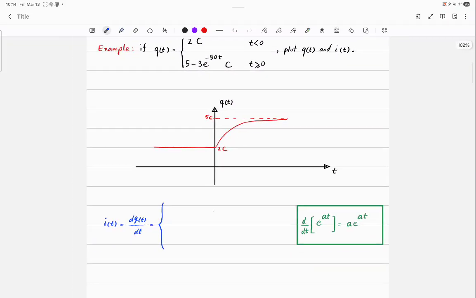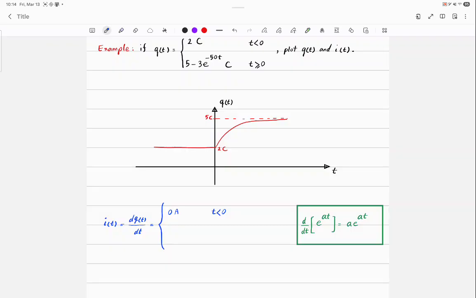What is the value of current for negative time? What's the derivative of the expression for negative values of time? 0, right? Because that's the constant. 0 amps.